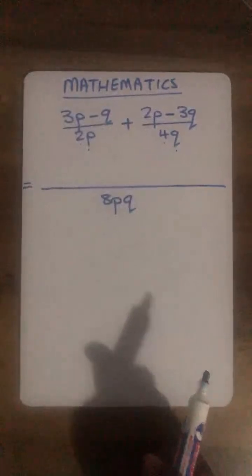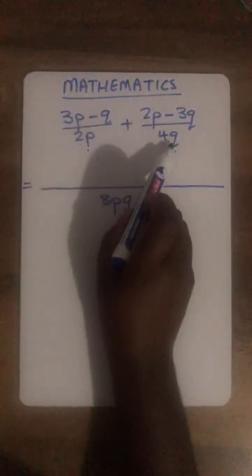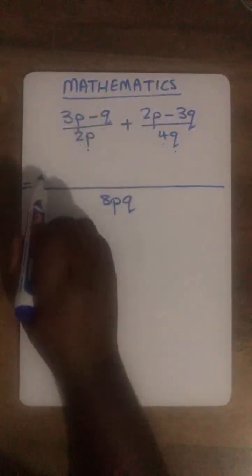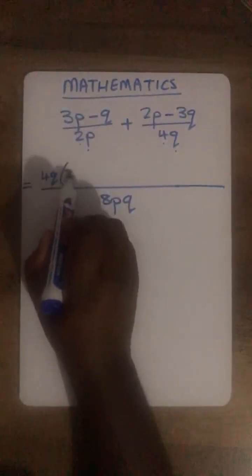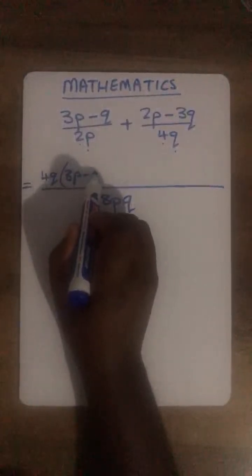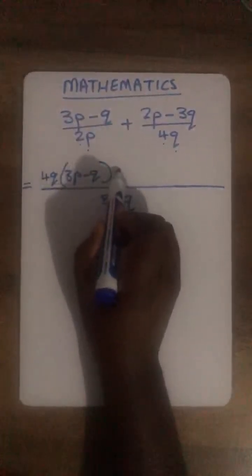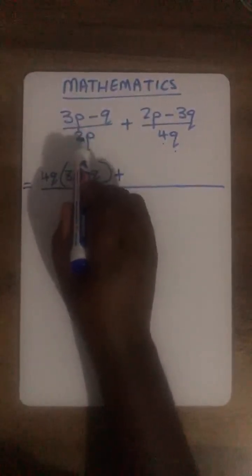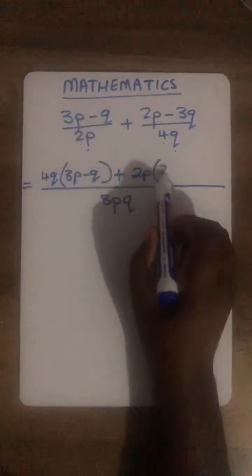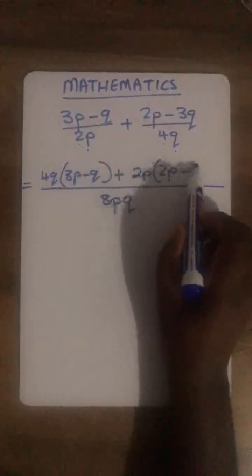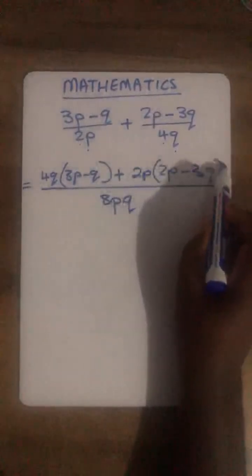So now let's see. Now we do the cross multiplication. That means you have 4Q, where you need to multiply it by that 3P minus Q. The sign is a plus, and then now you cross multiply with that one of 2P. Inside you still have your 2P there minus 3Q.